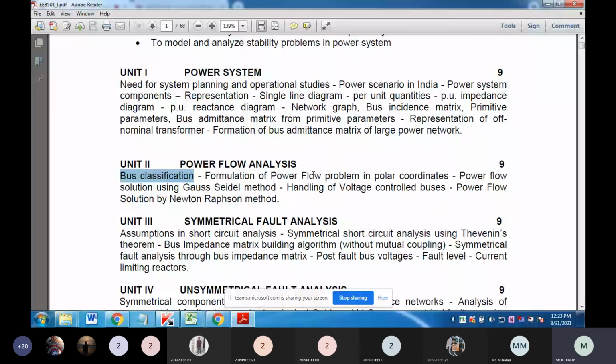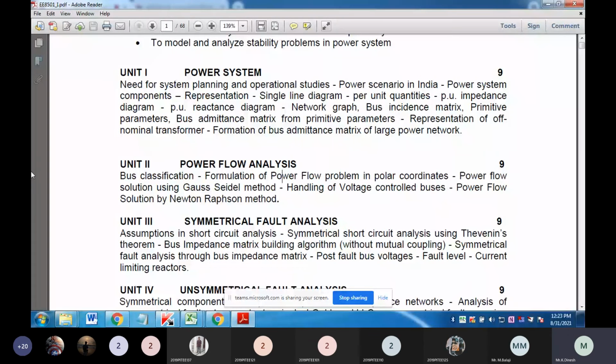That bus classification we are incorporating into the 2 methods. I am going to utilize it in the Gauss-Seidel method as well as in the Newton-Raphson method. The next topic is formulation of the power flow problem in polar coordinates. I analyze all my solutions in polar coordinates, not in rectangular.